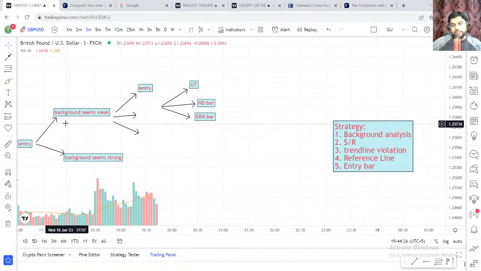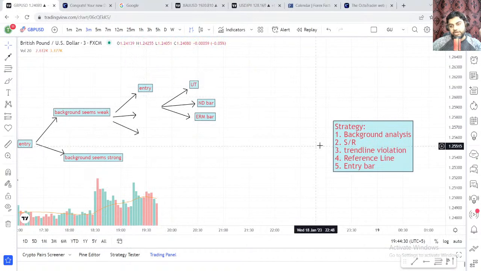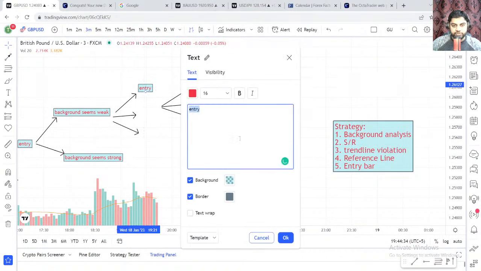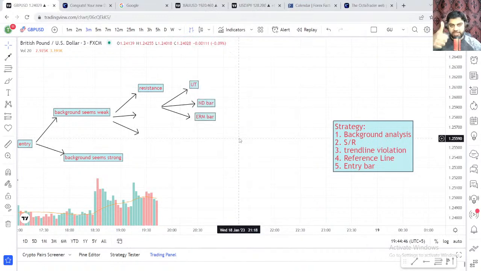As you can see, we have already done background analysis over here. Now we are looking for number 2, number 3, and number 4. First of all, we have support or resistance. If the background is weak and you also have resistance, then it's good, thumbs up.